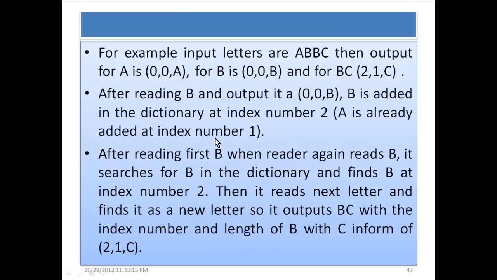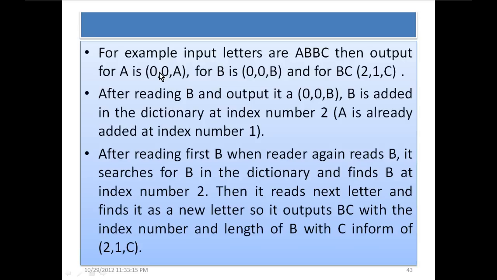For example, input letters are A, B, B, C. Then output for A is 0, 0, A. For B it is 0, 0, B, and for BC, it is 2, 1, C. As it is clear from here, when the first letter is received, this is the location of the phrase which is already stored in the dictionary.